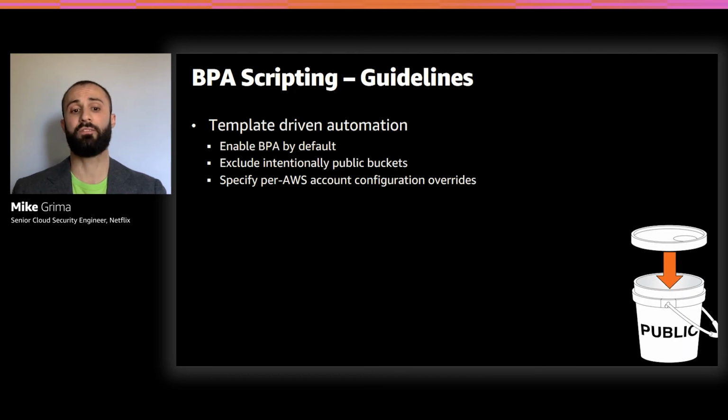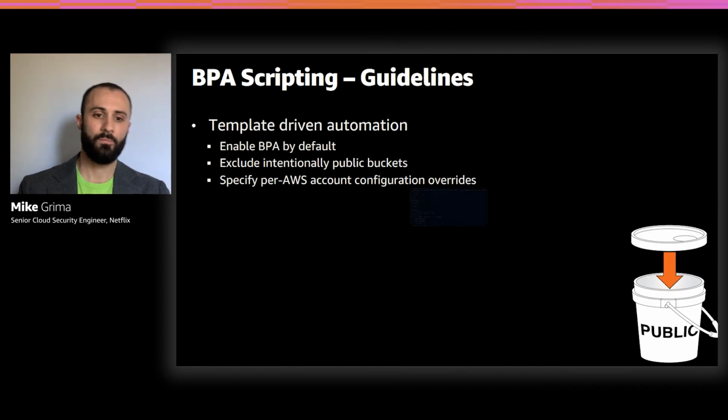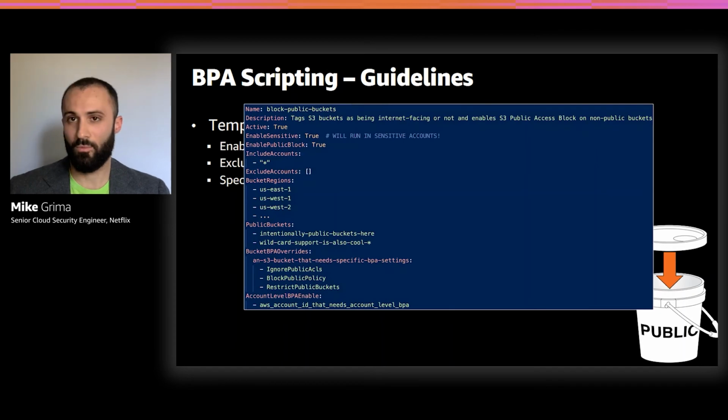You can also specify per AWS account configuration overrides. So if you have one account that has different use cases than another, you can do that here as well, and this is your source of truth for that. Here's an example template that looks very similar to what we have internally.